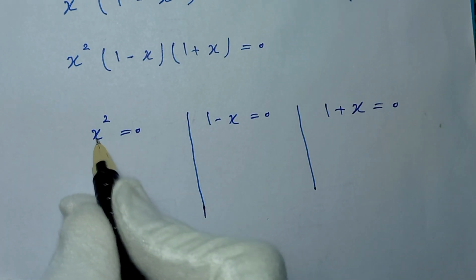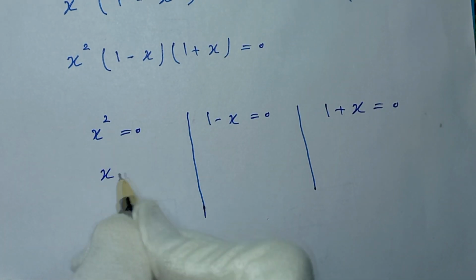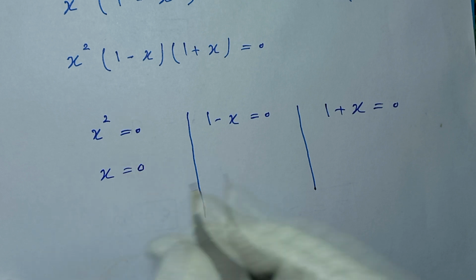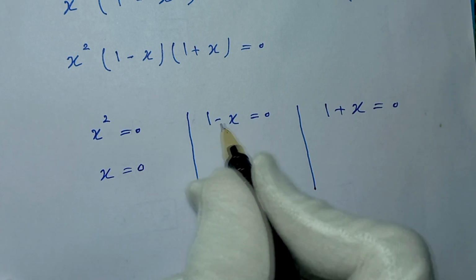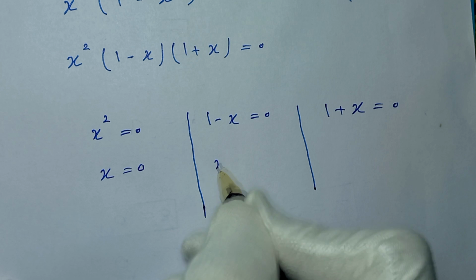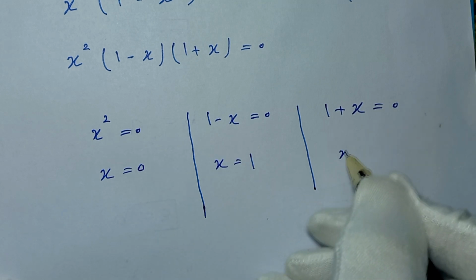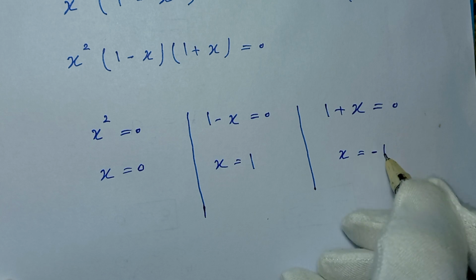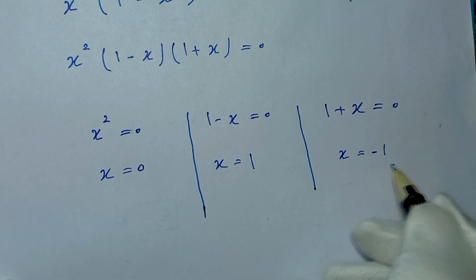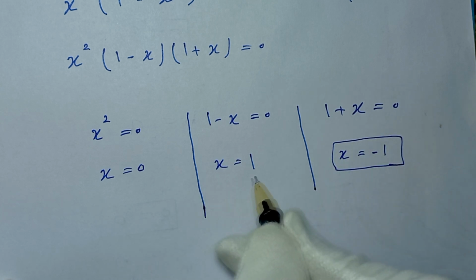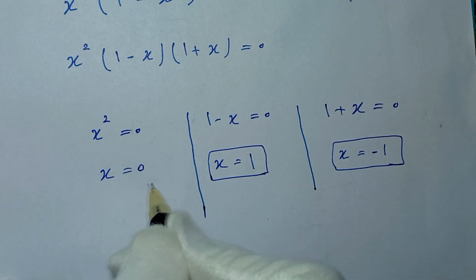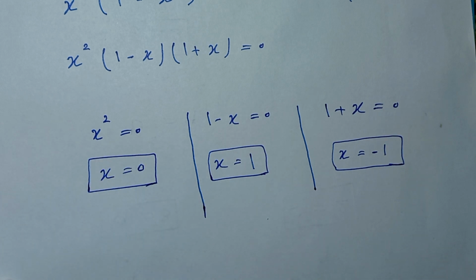In here x squared is 0, so x is 0, and here 1 minus x is 0, so x is 1, and in here x is minus 1. So we have 3 solutions for x.